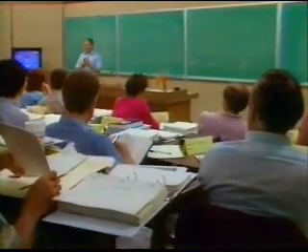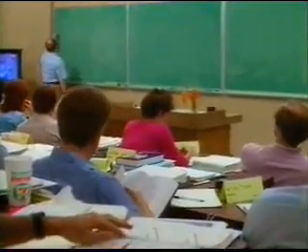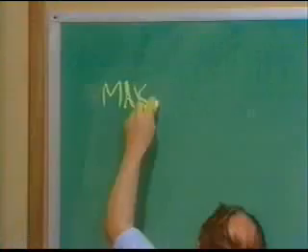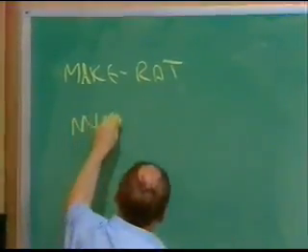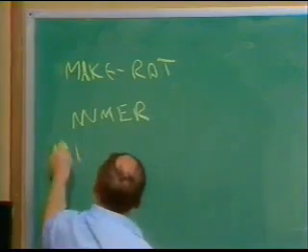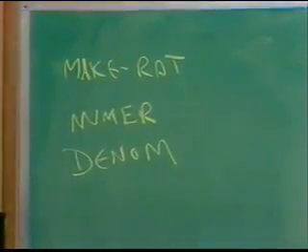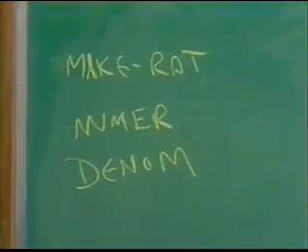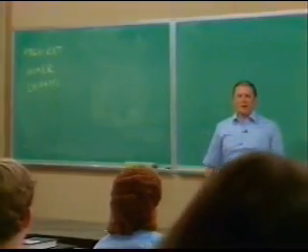Let's go back to the point where I said we just assumed that there were procedures makerat and numer and denom. Let's go back to where we had those at the very beginning, constructors and selectors, and went off and defined the rational number arithmetic.